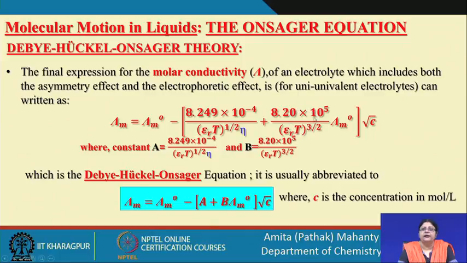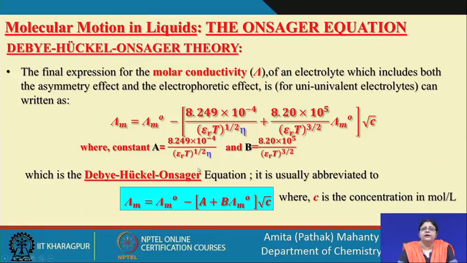In that relaxation effect we had a lambda naught value. These are the two values which we have given as constants. These constants are generated after doing repeated experiments, so that we can match with our experimental observations.